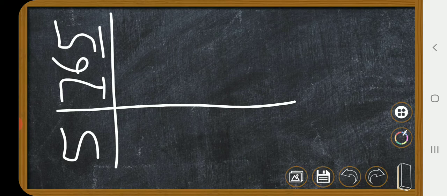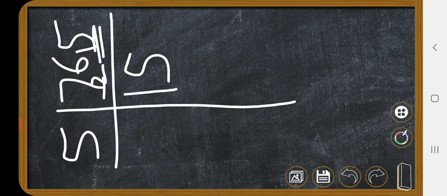So 5 1s are 5. 7 minus 5, how much? 2. This becomes 26. 5 5s are 25. 26 minus 25, 1 remains. This becomes 15. 5 3s are 15.